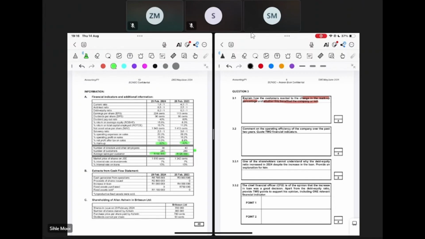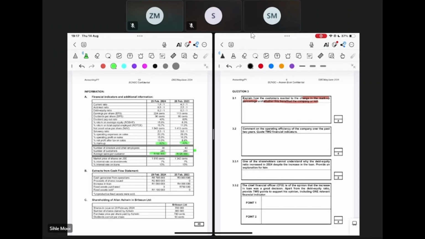And even our net profit after tax on sales had increased. So we could say the change in the markup did benefit the company. Does anyone have a question? No. Okay, then let's look at the next one.